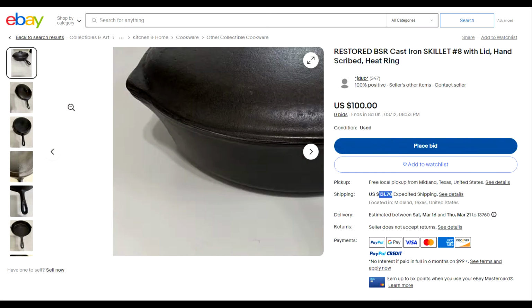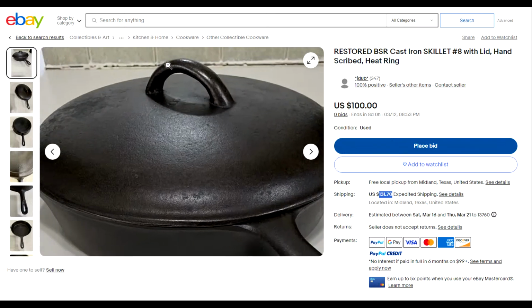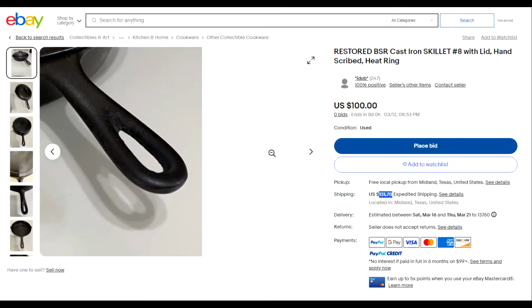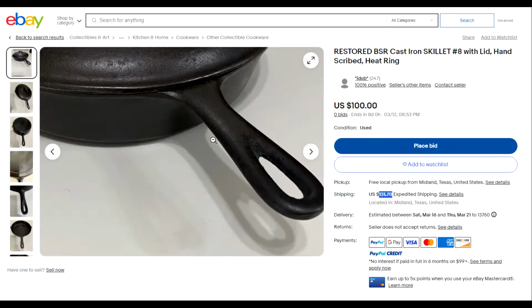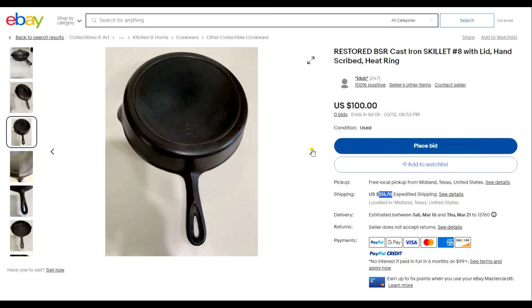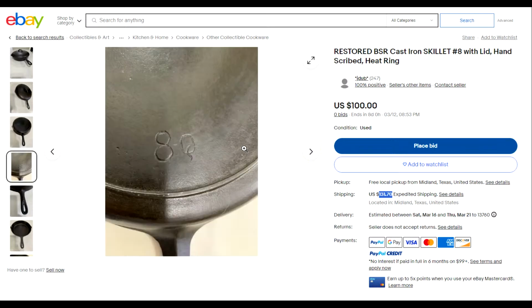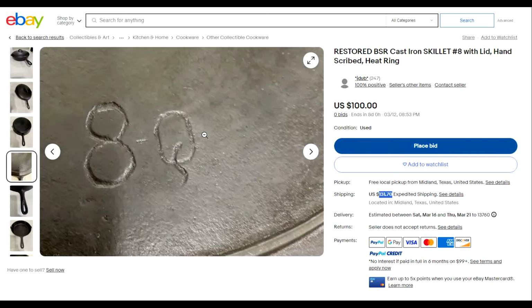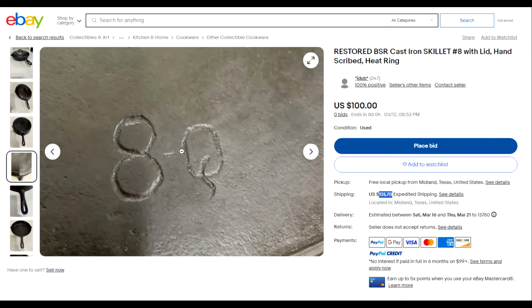Let's take a closer look at this $200 skillet, shall we? Let me see if I can get these. Okay. Well, I will say it does look like it might be hand scribed. 8Q. Interesting.